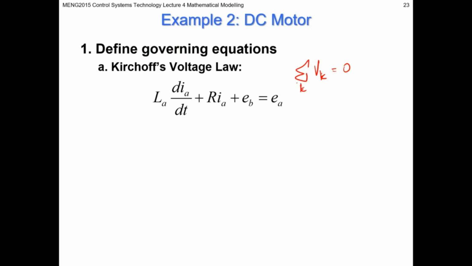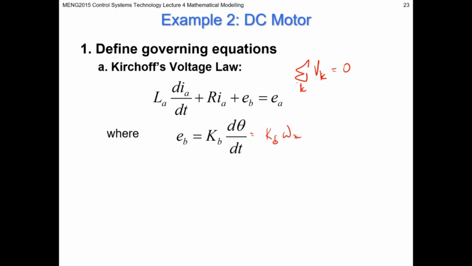When we write that out, we have Kirchhoff's law with EA on one side and the voltage losses in the circuit on the other side. As I said, our back EMF we can represent as some constant, the back EMF constant KB, times d theta by dt, which of course is the same as KB omega m.